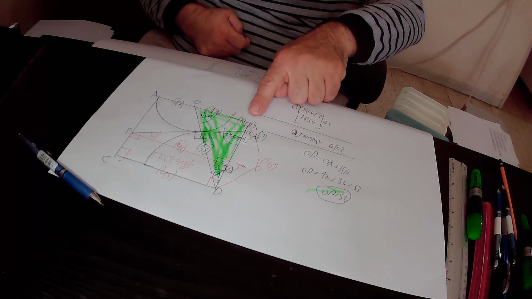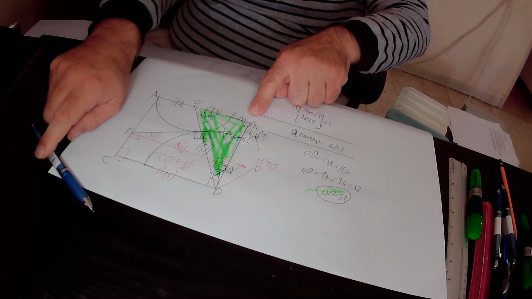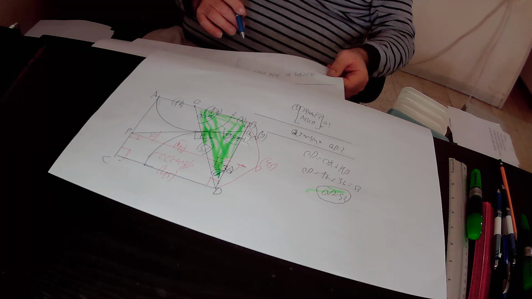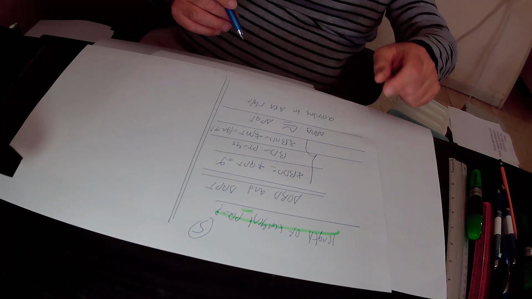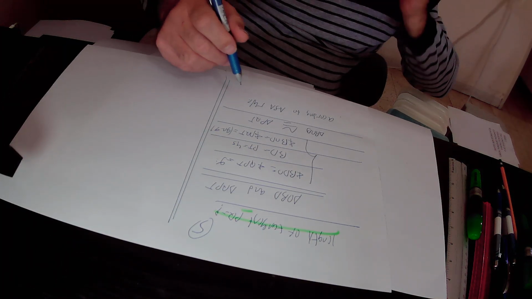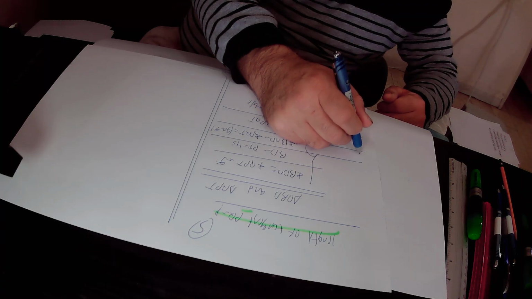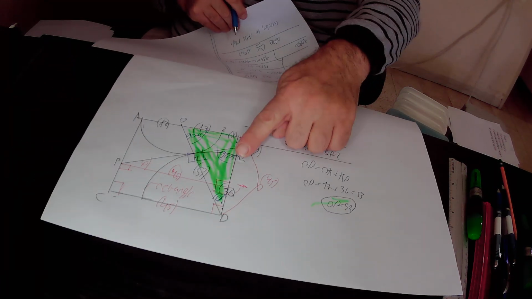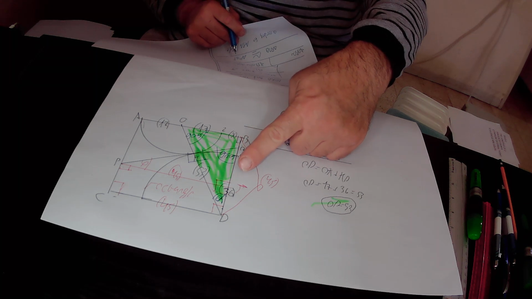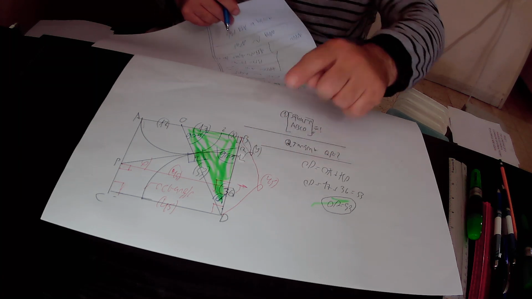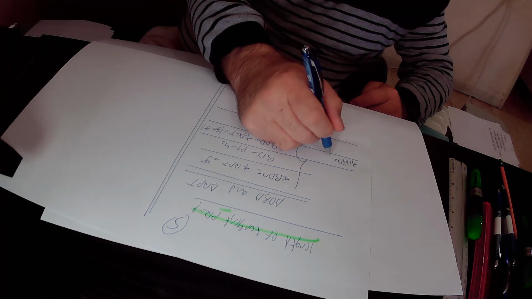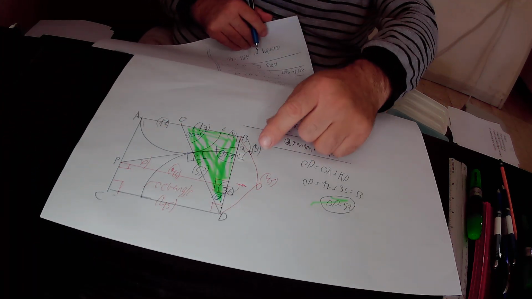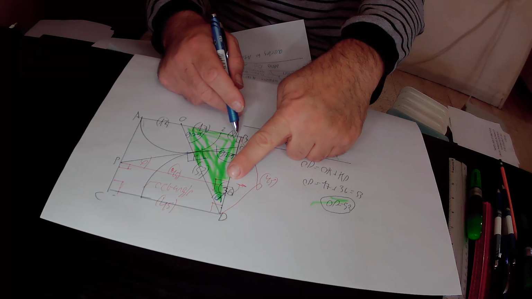So this is angle OBD, again angle OBD, and it is equal to this angle, angle QTP, in the right triangle QPT. They are both equal to 90 degrees and therefore they are equal to each other.